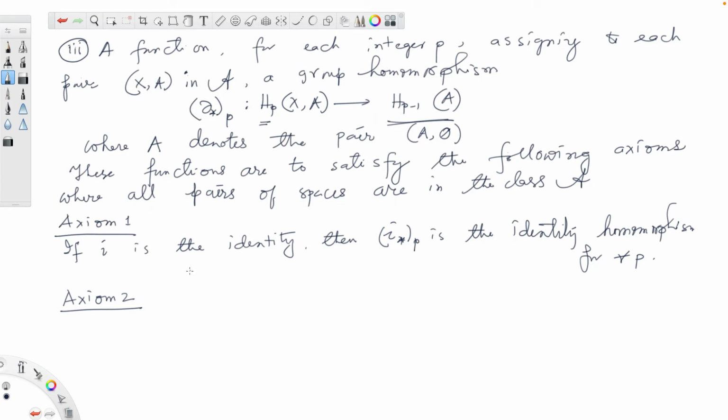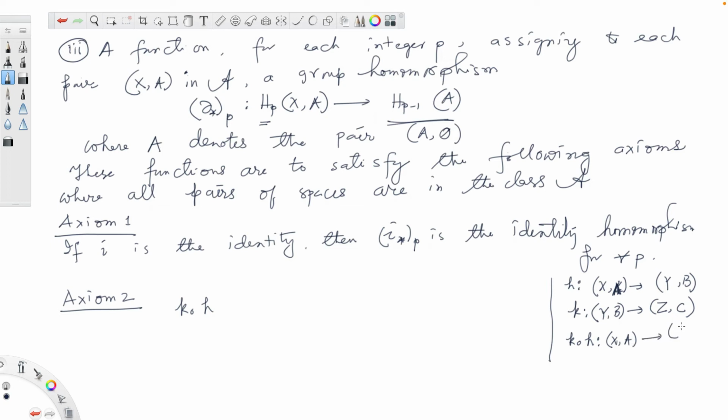Suppose we are writing K composed with H. So in order to have that well defined, H has to be between two pairs like X comma A to Y comma B, and K has to be from this pair Y comma B to another pair Z comma C. Okay, so that we can compose K with H, and that will be a morphism between the pairs X comma A and Z comma C.